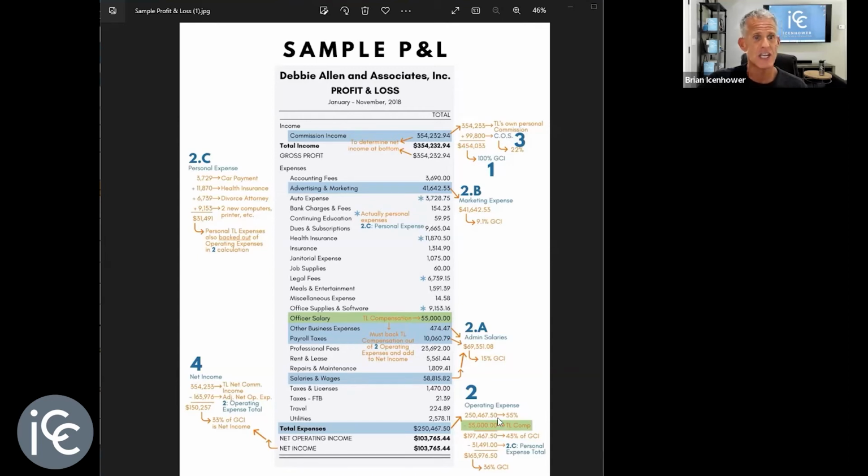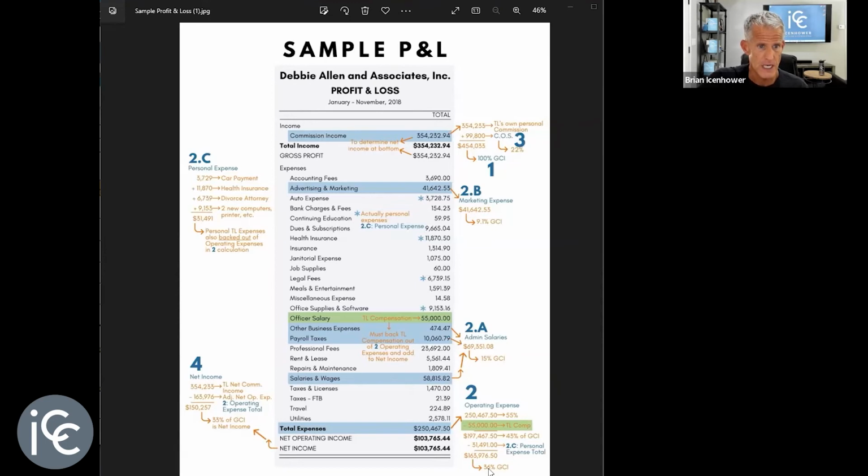And then just like your TL compensation, we're going to back them out of your operating expenses as well. So we take that $31,491 and back it out of our operating expenses. And now we've got a new total of $163,976. And that's our new operating expenses. And you can see that's 36% of GCI.